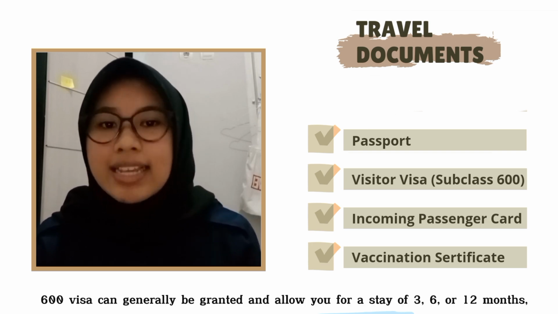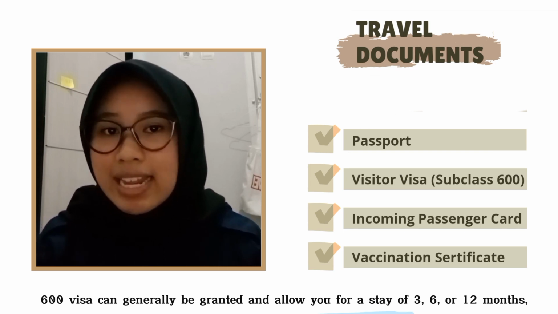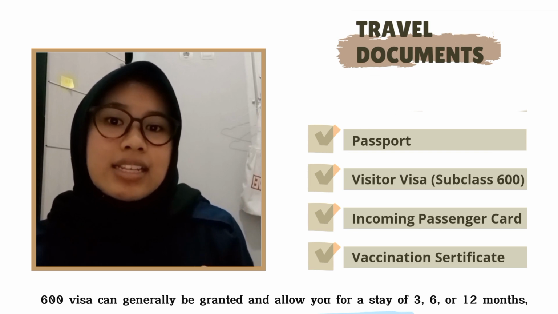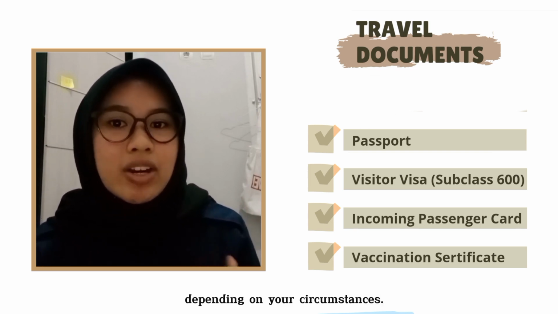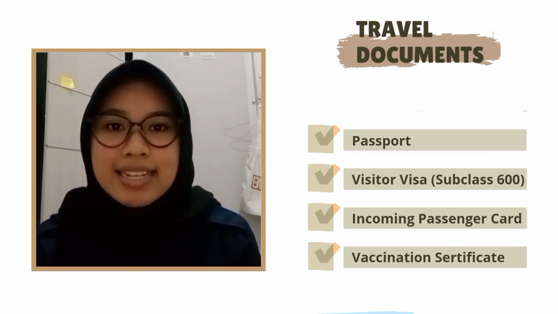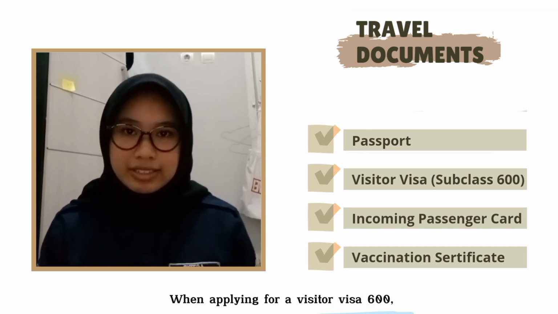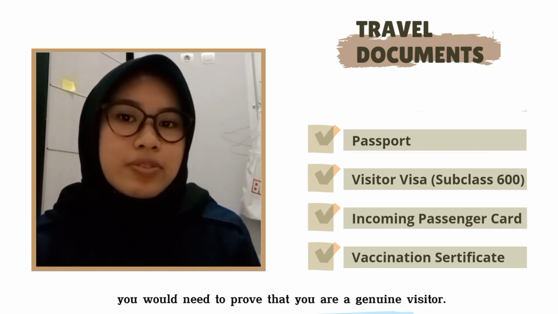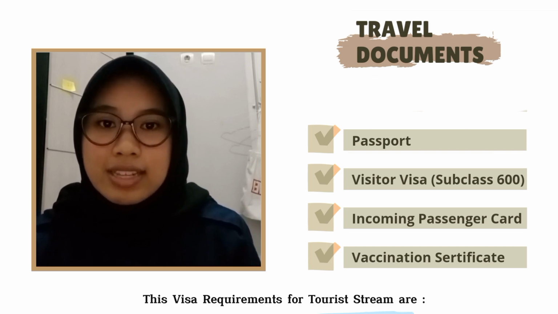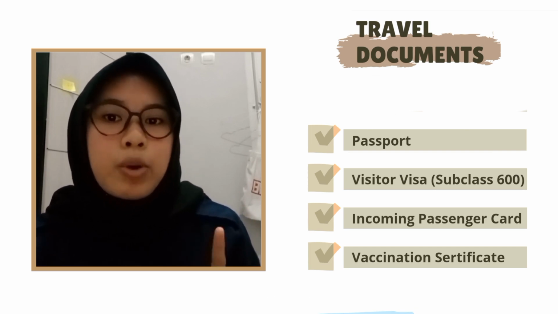600 visa can generally be granted and allow you a stay of 3, 6, or 12 months, depending on your circumstance. When applying for a visitor visa 600, you would need to prove that you are a genuine visitor. The visa requirements for tourist streams are: point 1.